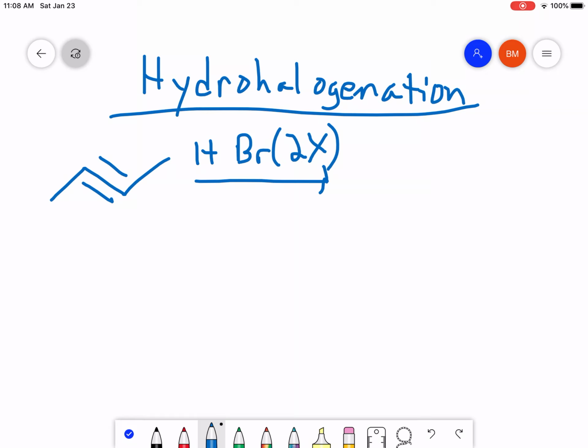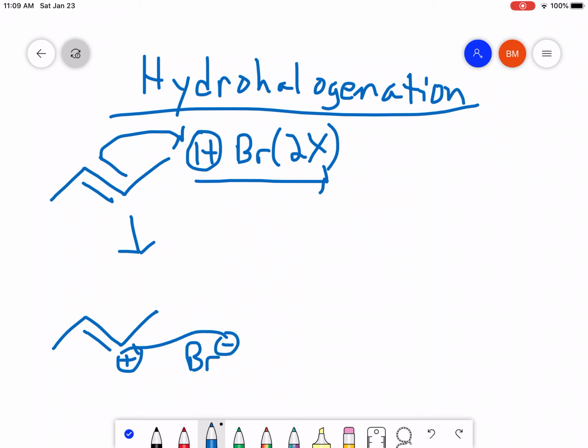Well, the mechanism is going to proceed the exact same way that it did with alkenes. You have a strong halogen acid. It can give up an H to one of the carbons here in your triple bond. This is a symmetrical molecule, so it doesn't matter which one. I'll just put it on the left carbon, and that's going to leave a carbocation right there. Br minus can come in, and you can get this, just exactly what we did with alkenes.